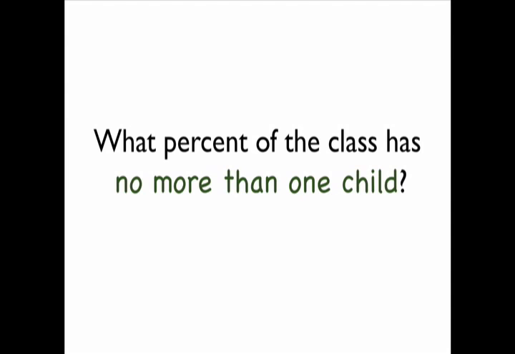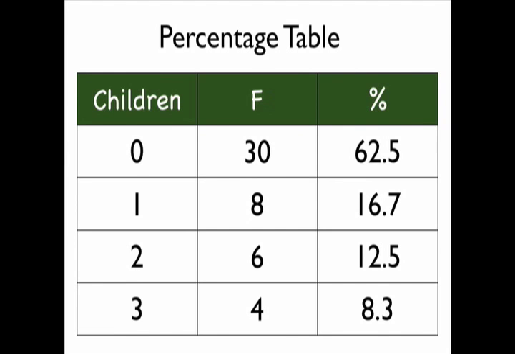What percent of the class has no more than 1 child? No more than 1 is short for not more than 1. 1 is the limit. Zero is not more than 1. 1 is not more than 1. It's exactly 1.